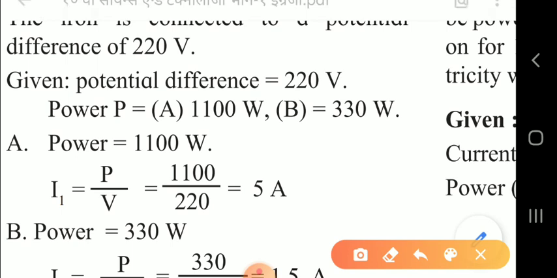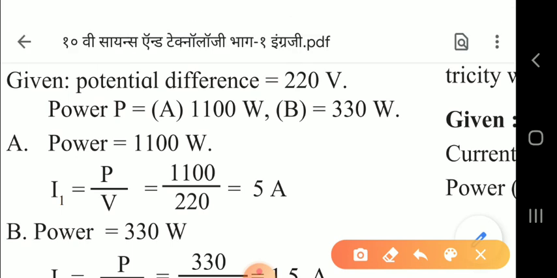So I am telling you that given is the potential difference 220 volt, power is 1100 watt, then P is 1100 and in part B it is given as 330. In A part it is 1100 watts. So I1 is equal to P upon V equal to 1100 upon 220.